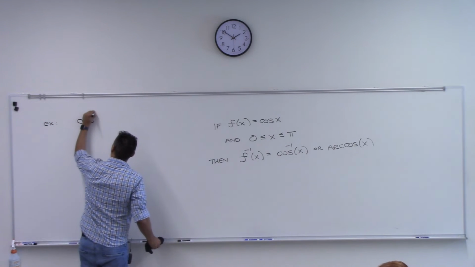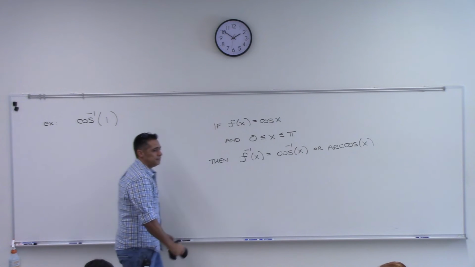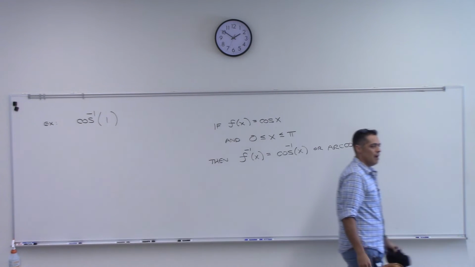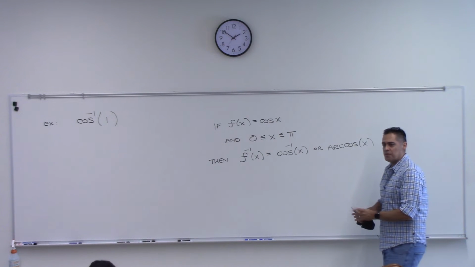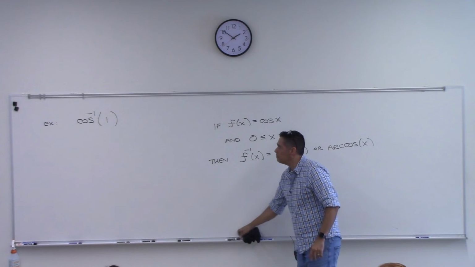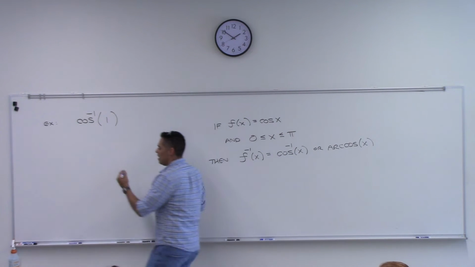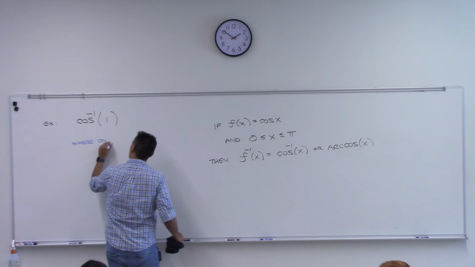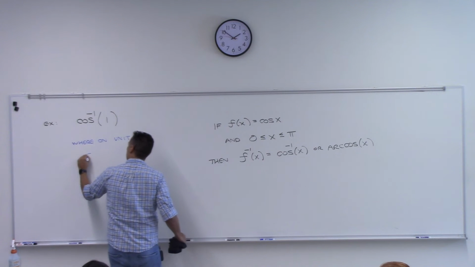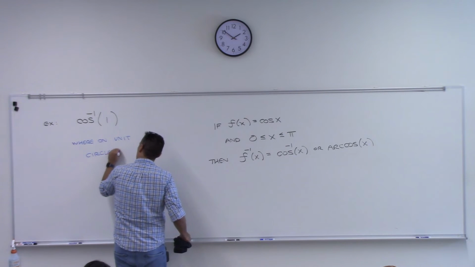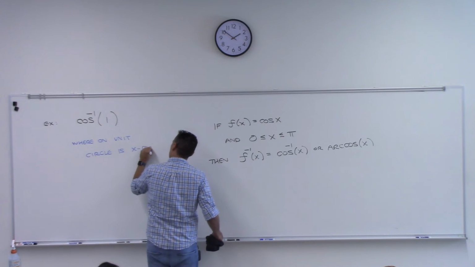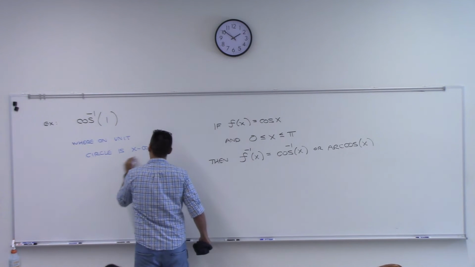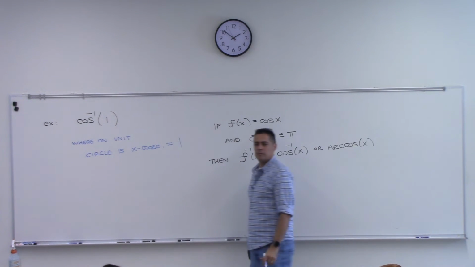What is arc cosine of 1? All right. I'm going to write in words what this is asking us. This is saying where on the unit circle is the x coordinate equal to 1, right?